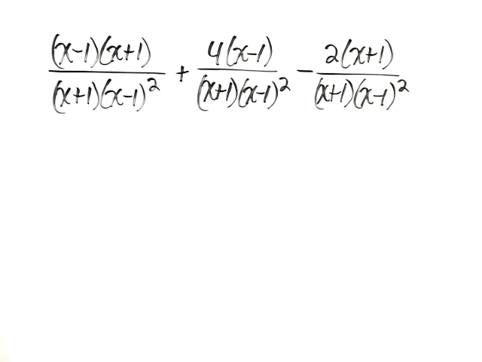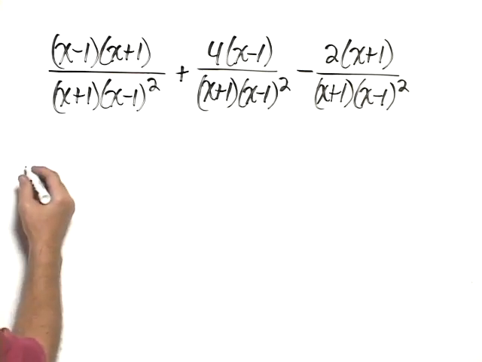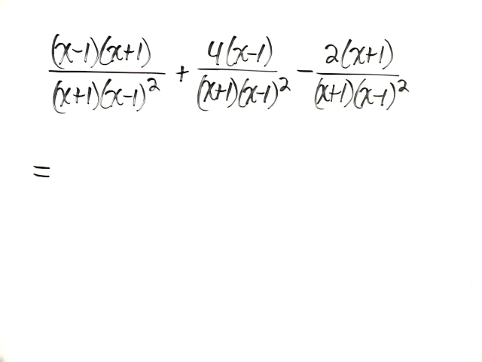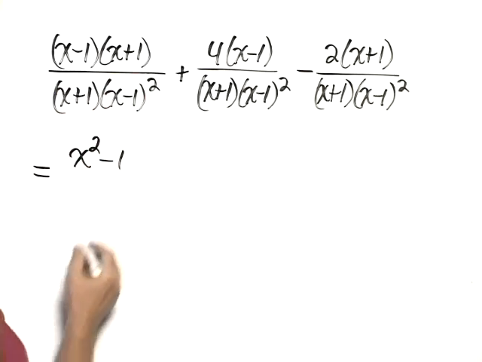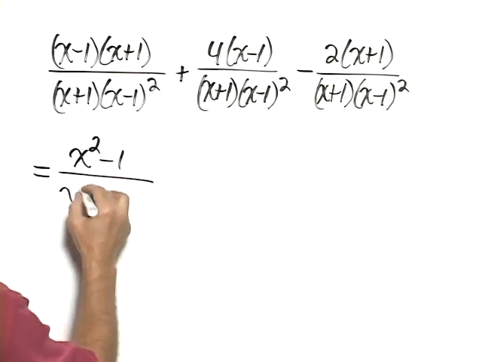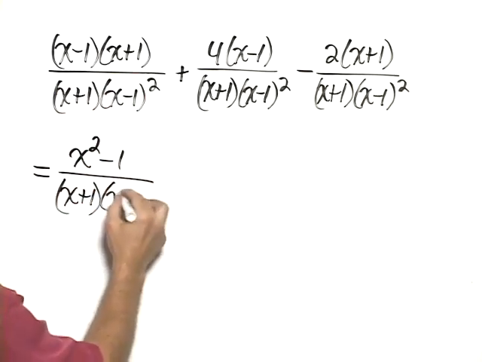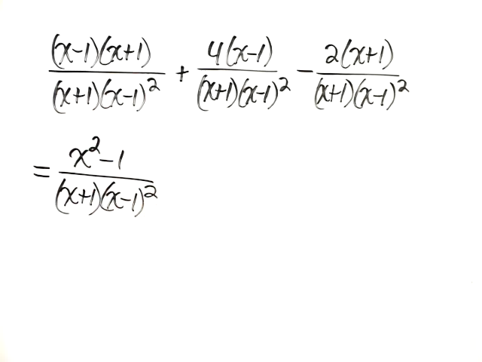Now that we have each of the rational expressions with the same denominator, the least common denominator, we can multiply out the numerators and then combine. So we have that this is equal to, in the numerator here, x squared minus 1, over x plus 1 times x minus 1 squared.